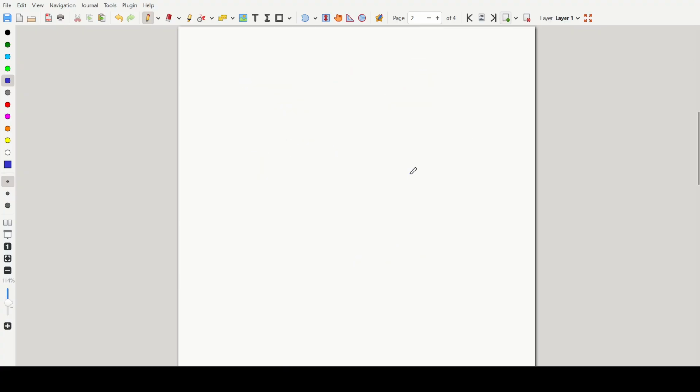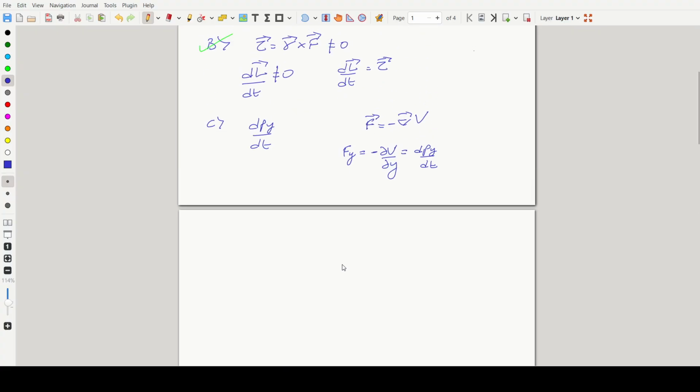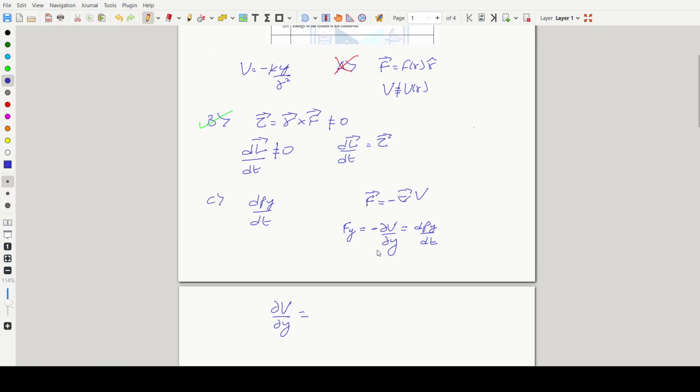I'll add another page here. So what is dou V by dou y? Clearly, from the expression that we obtained here, we observe that this is not zero.